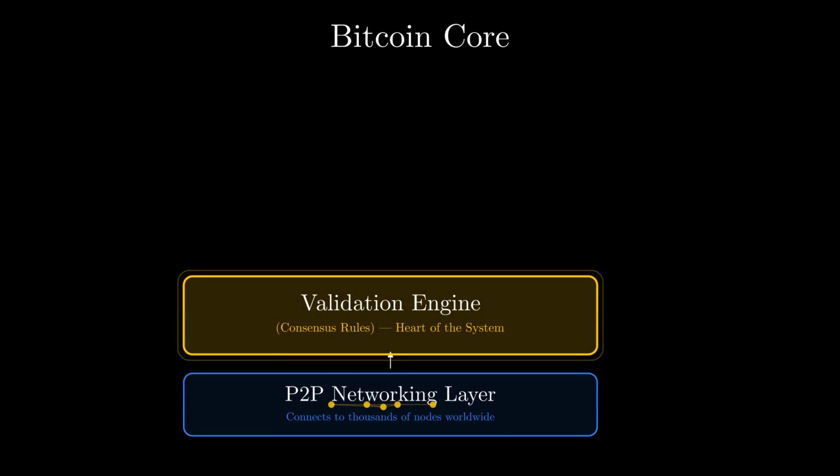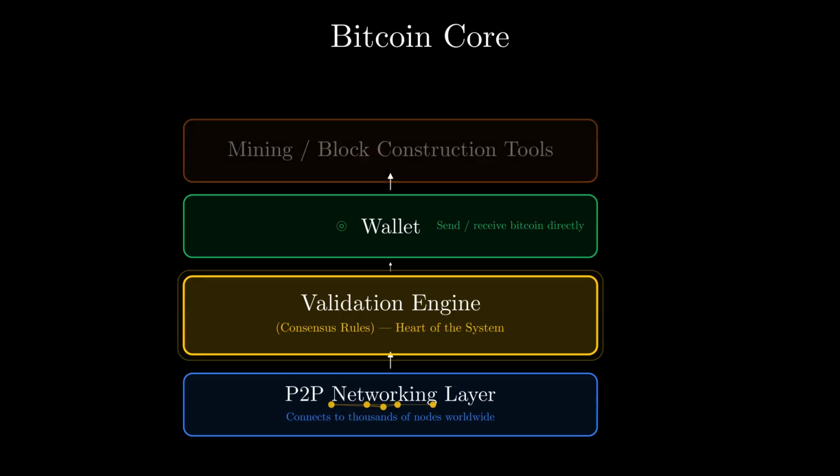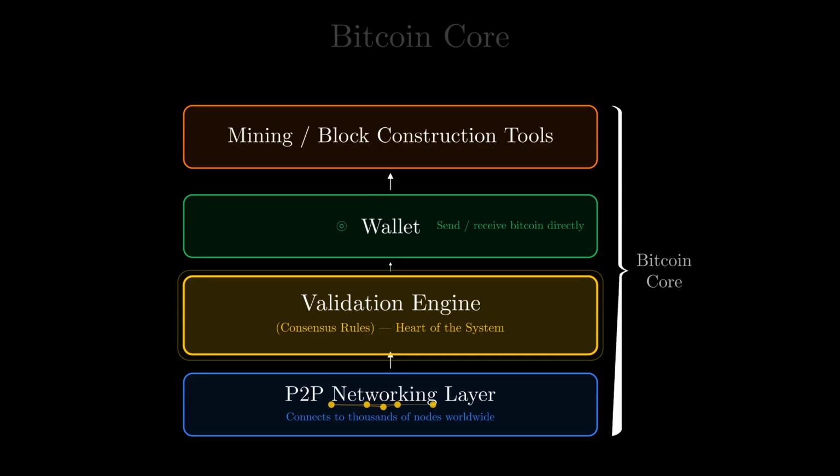Every block and every transaction passes through this engine and gets checked against the full set of consensus rules. If anything violates a single rule, the engine rejects it immediately, no exceptions. Third, a built-in wallet for sending and receiving Bitcoin directly from your node. Fourth, mining and block construction tools.